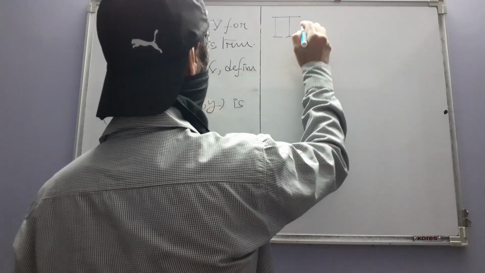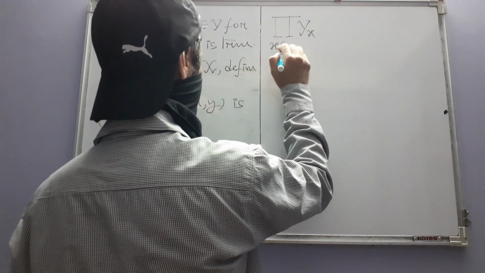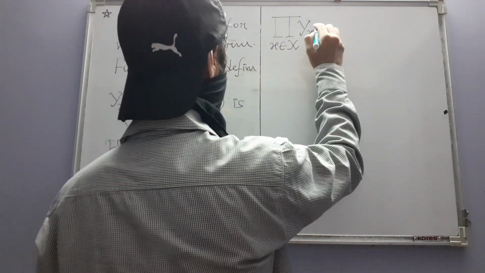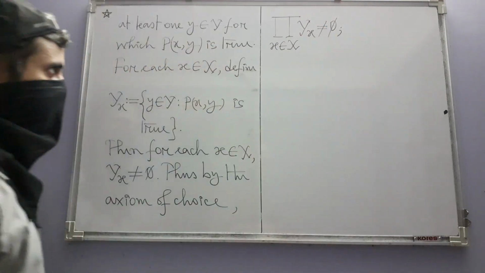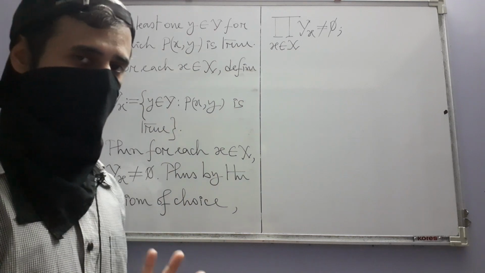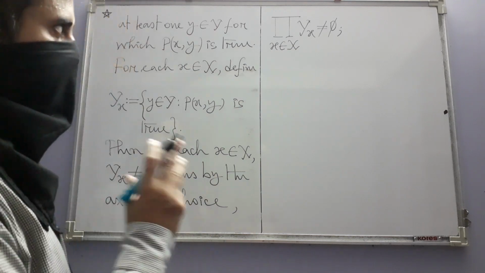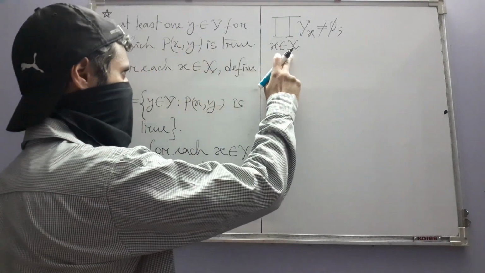The product of all these sets yx is non-empty. So that means there is at least one element, and we know what type of elements there are in such a product. These are tuples. What type of tuples?